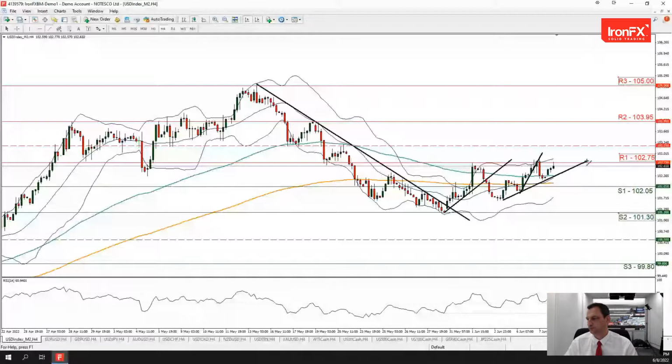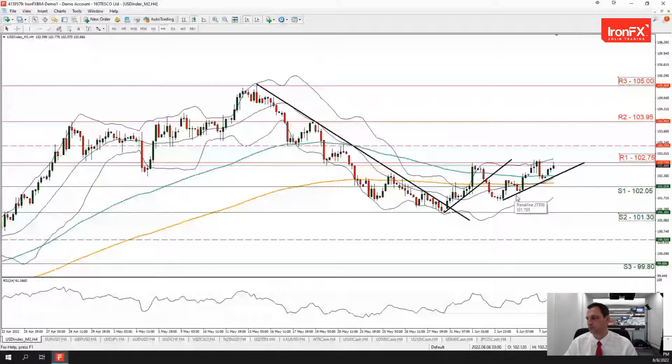On the flip side, we have an upward trend line, which seems to be guiding the higher lows, but the price action seems to meet some resistance at the 102.75 resistance line. It's characteristic how it was tested earlier today during the European session.